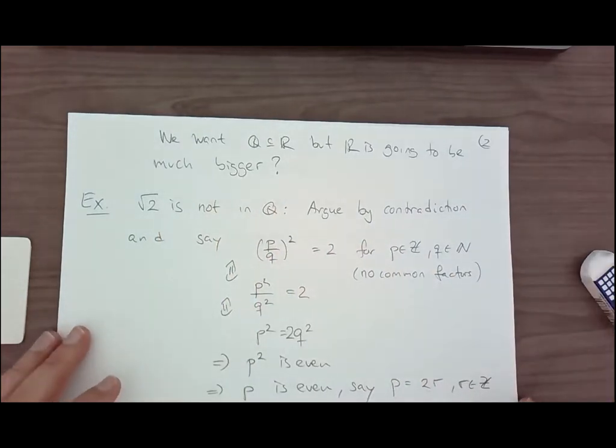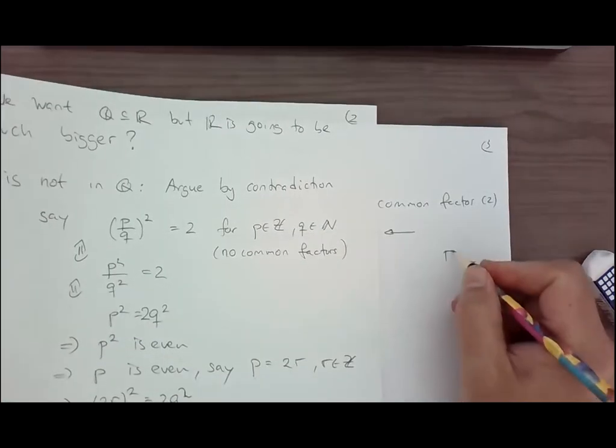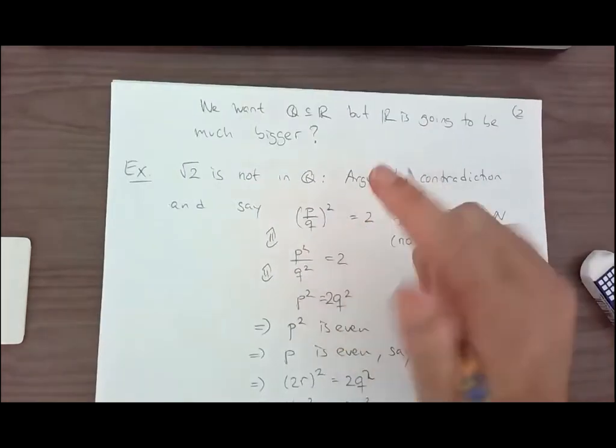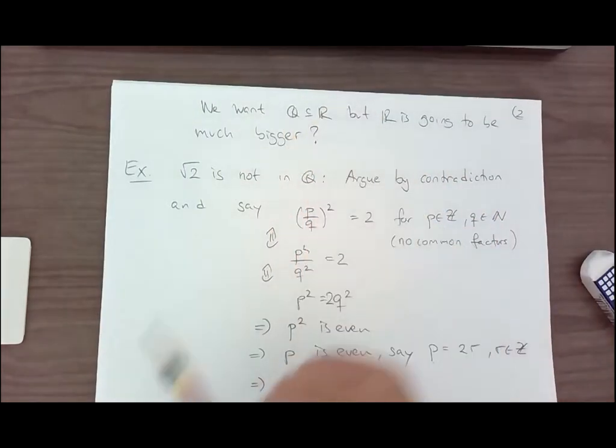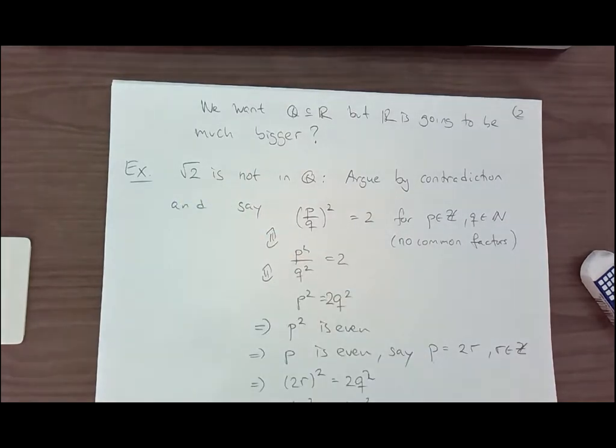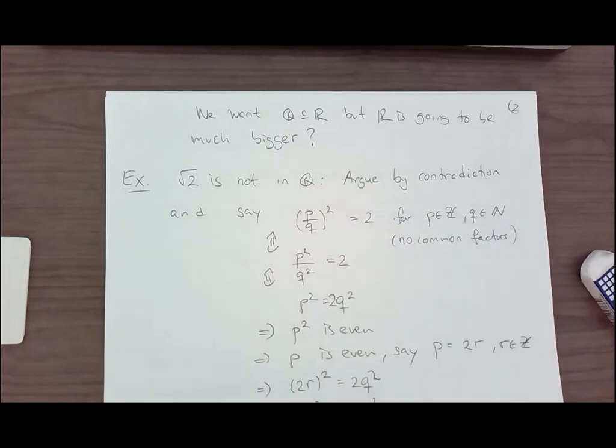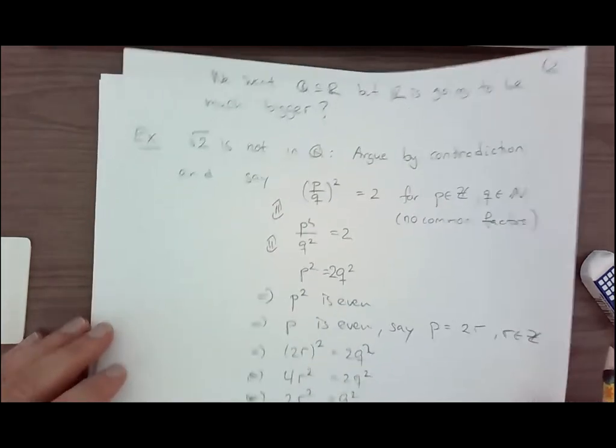That means that it is not in Q. So this is one quantity which is of interest, and we don't have it in the rational numbers. So if I want to be able to take square roots, I apparently need to move beyond Q. Does that make sense to you guys?